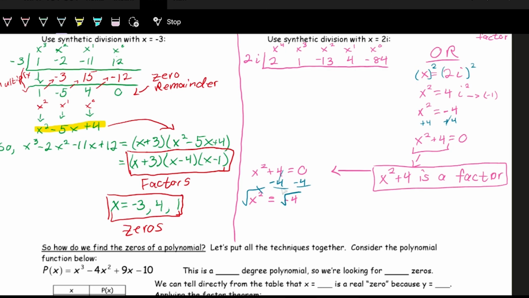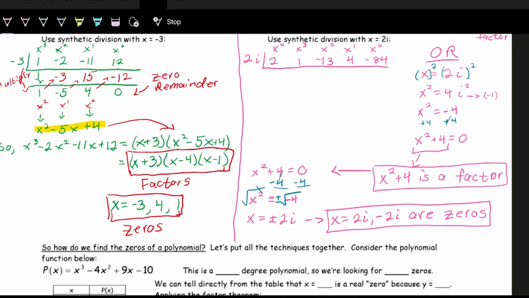But remember, whenever we apply the square root, we can always get two different solutions, a positive and negative solution. So here, x is equal to plus or minus 2i, because we have the negative on the inside, and the square root of 4 is 2. So we have two zeros, positive 2i and negative 2i.